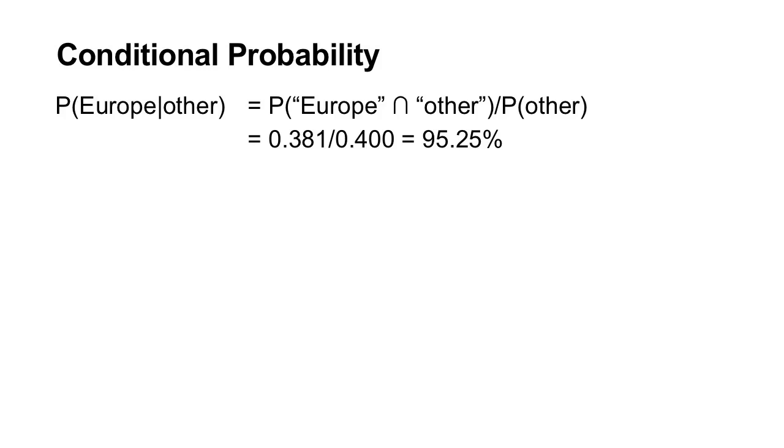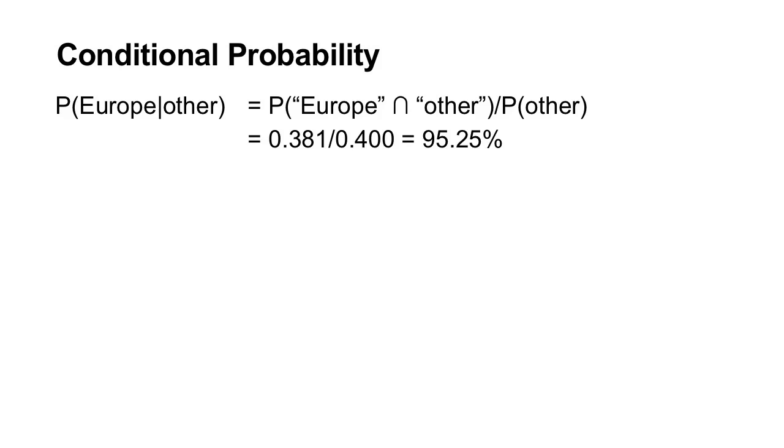What do we do? Remember the conditional probability definition. Take the intersection probability and divide it by the probability of the event that occurred. So here, the probability of Europe given other, take the intersection probability, that's a probability in the interior of the table, and divide it by the appropriate marginal probability.